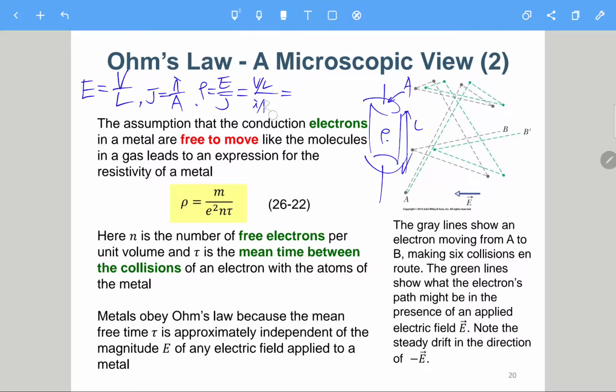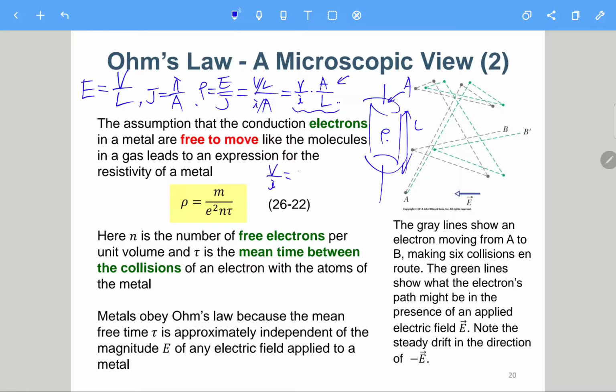I over A should be I over A. So in this case, we have V over I here, and then, sorry, it should be A over L. So we can slightly rearrange the terms so that we have V over I here, and then move A over L to the left side.